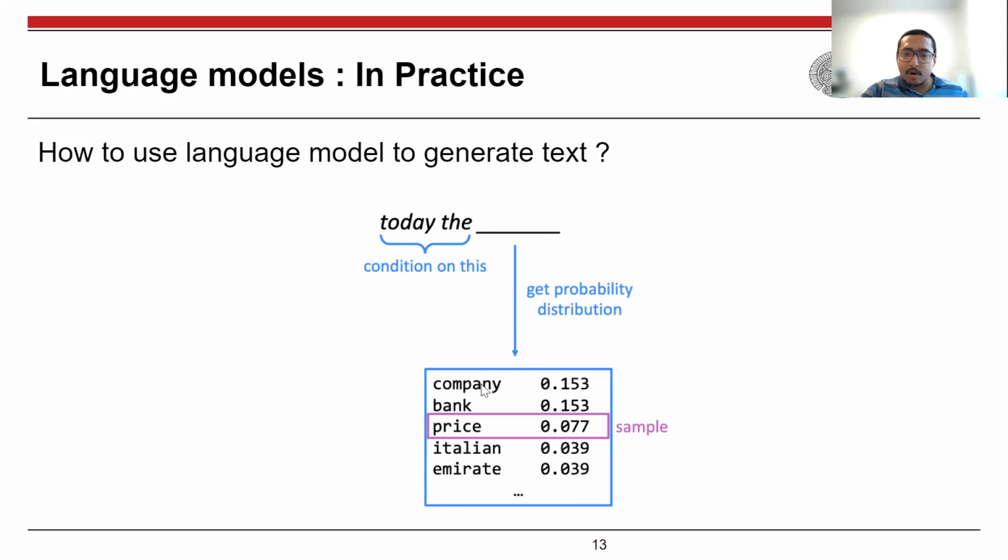Then using the language model, you can compute the probability of the next word that can appear after this sequence. And then you can apply any of the known sampling methods to sample one of these possibilities.